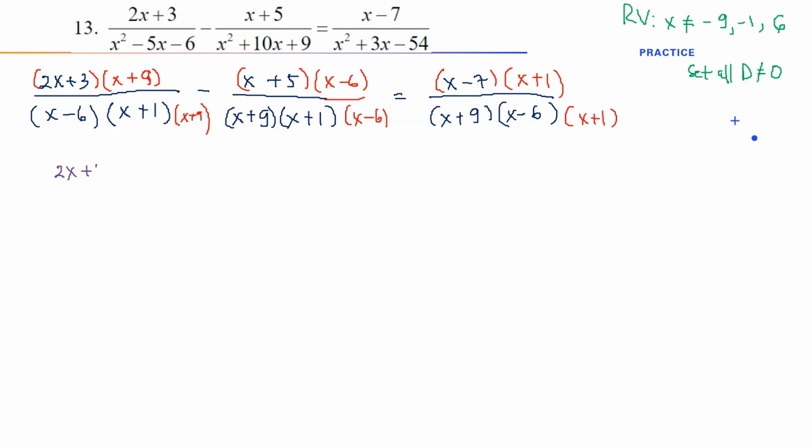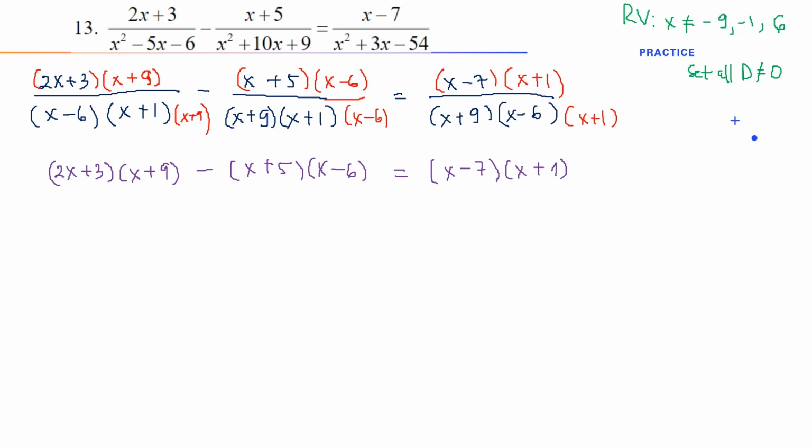Two x plus 3 times x plus 9 minus x plus 5 times x minus 6, that equal x minus 7 times x plus 1.